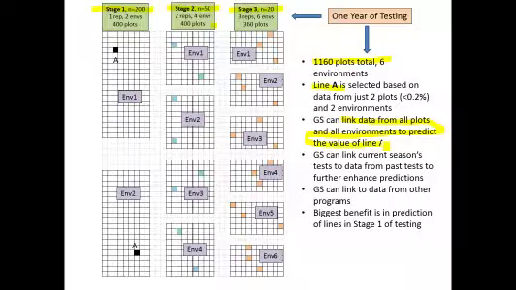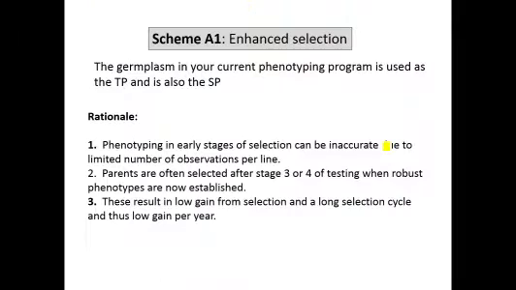Genomic selection can also link your current season's data to data from past seasons and other tests to further enhance predictions, and it can help you link your data to other programs. The biggest benefit of this is to improve the selection accuracy of lines that are minimally phenotyped, like lines in stage 1 or even stage 2.